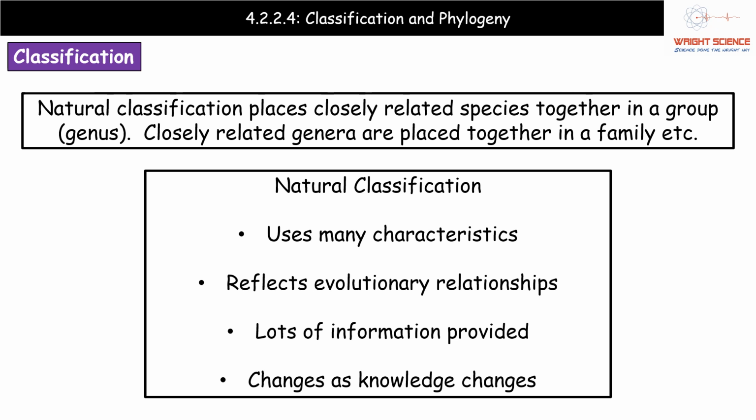Any of those genera that are closely related would end up in the same family, etc. So what we're really doing here is looking at a large number of characteristics that do involve those evolutionary relationships. Because of that, we're going to have a lot of information provided through this system, and it is going to change. As our knowledge advances and expands, we may well look at something and think this needs altering.